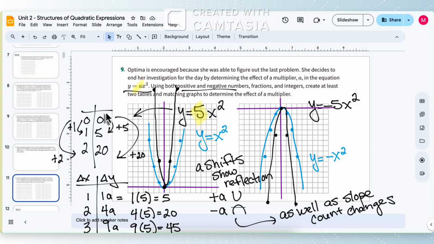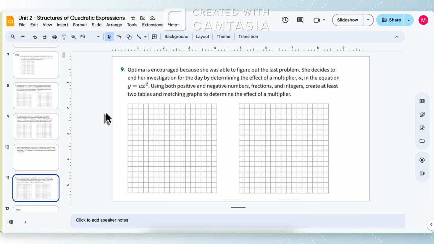So hopefully this finishes up our vertex form. Maybe just as a quick little example, this would be something like y equals A times x minus h squared plus k.